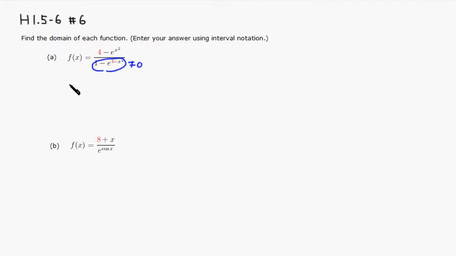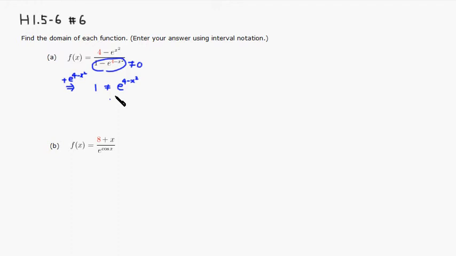Here we can add e to the 4 minus x squared to both sides of the inequality. We get 1 cannot be equal to e to the 4 minus x squared.